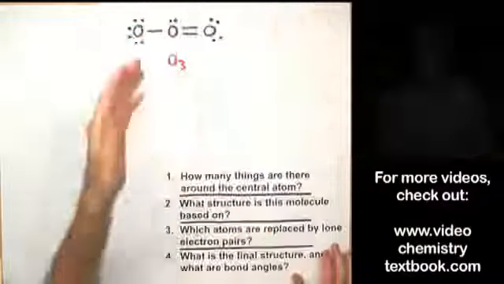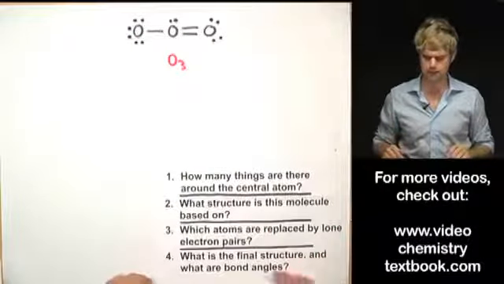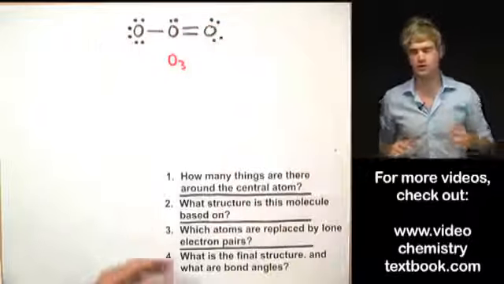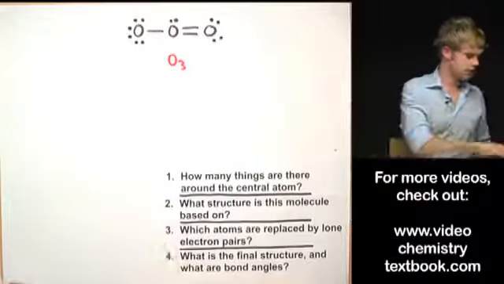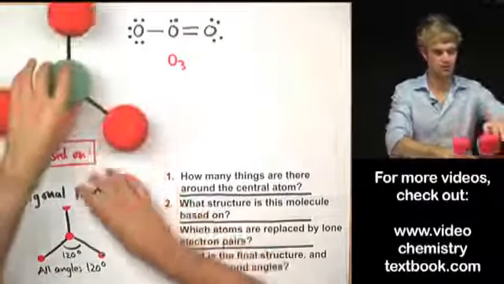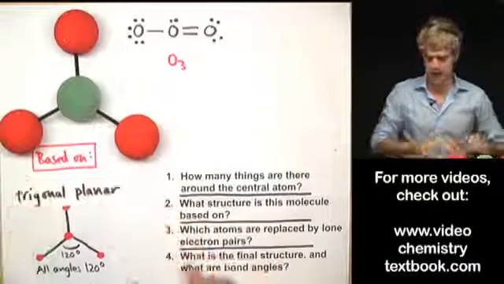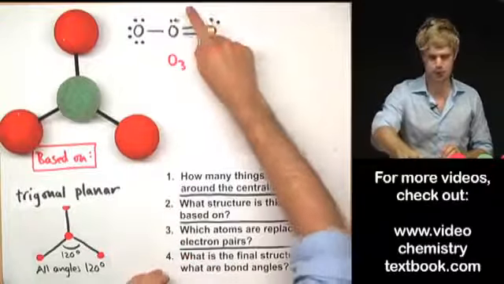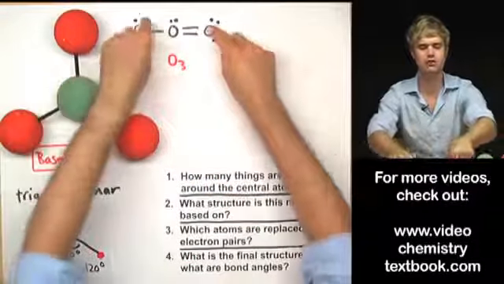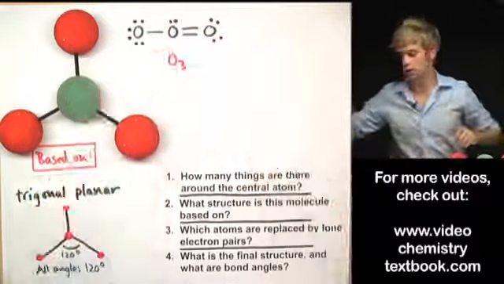O3, which is ozone. How many things are on the central atom? 1, 2 bonds, and 1 lone electron pair, 3 things total, which means that this is going to be based on a trigonal planar shape. Here it is. How many things are replaced by lone electron pairs? Well, instead of having 3 atoms, as in the trigonal planar shape, we're going to have 2 atoms and 1 lone electron pair.